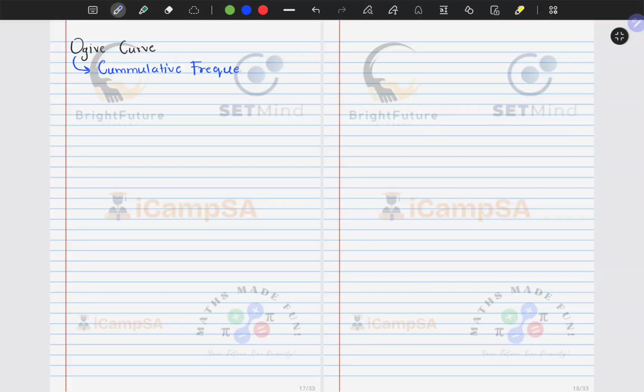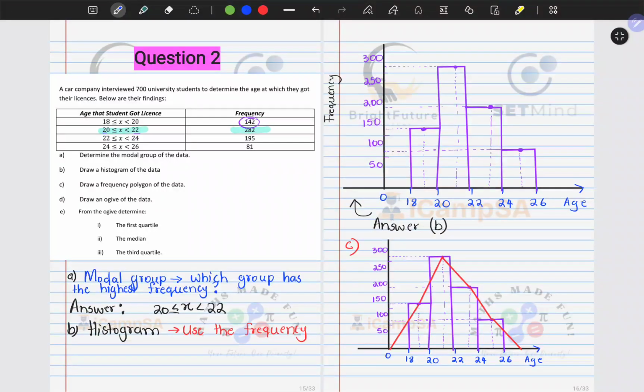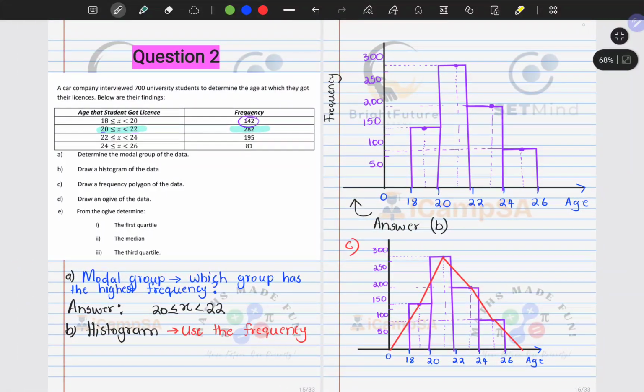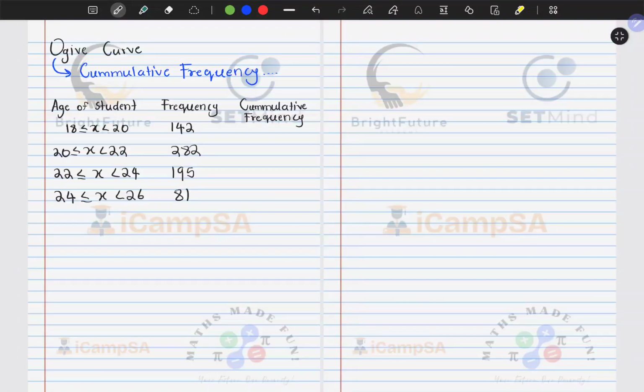Okay. So let's go ahead and ensure that we do have cumulative frequency. So what I'm going to do is to quickly rewrite this table that we have here on the next page. So our table is done and ready.